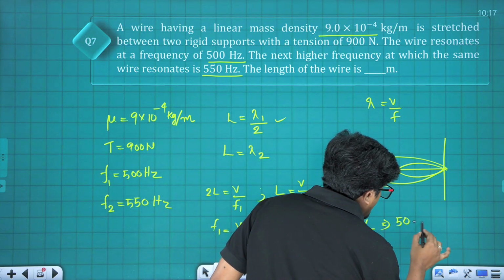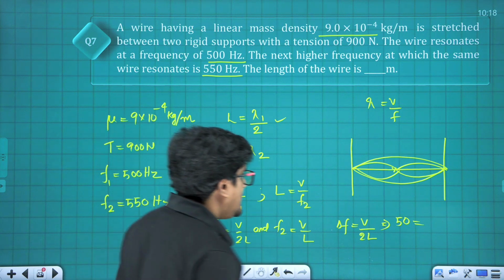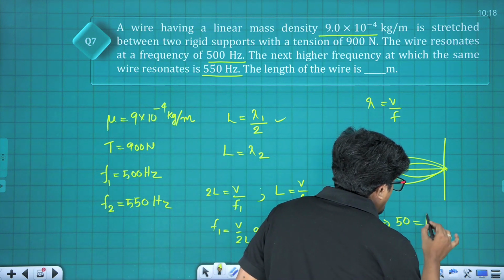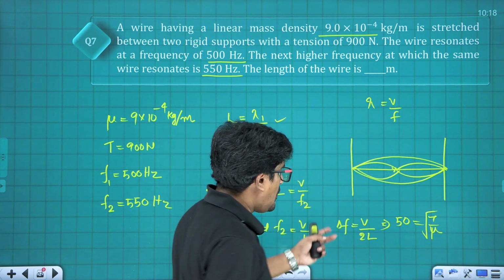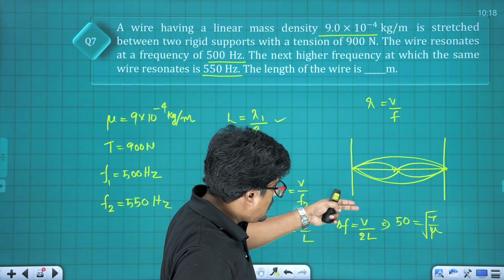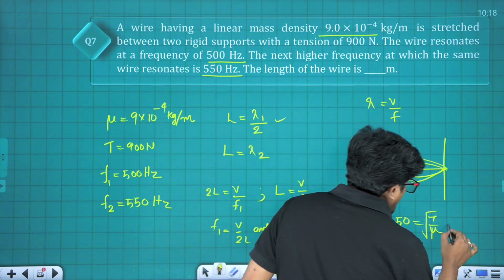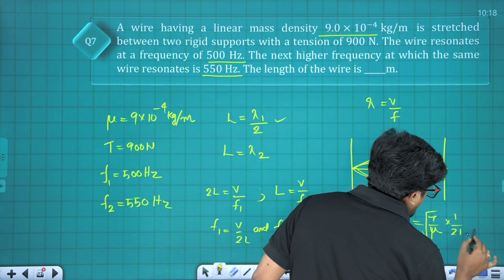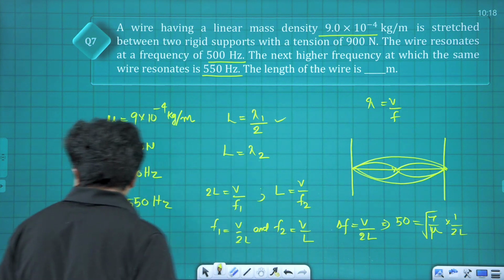So 50 is equal to V by 2L, where V is the square root of T by mu. So delta F is equal to V, that is square root of T by mu, into 1 upon 2L, and we need to get the length.